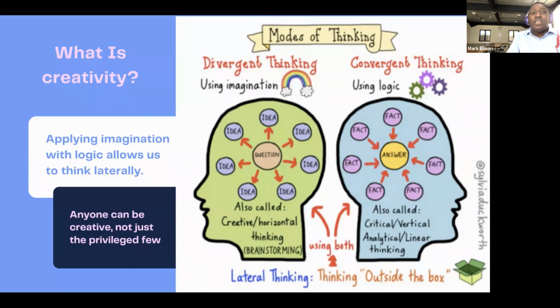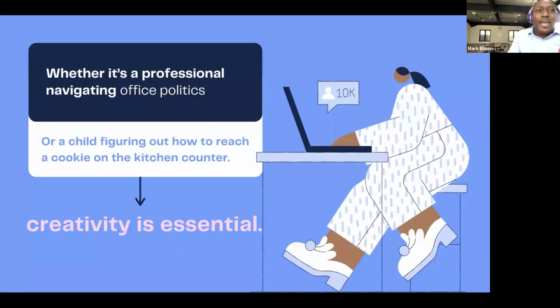All right, a more familiar term would be thinking outside of the box. I'm sure that's something that a lot of you are more familiar with. So, now there are various ways of displaying creativity, whether it be a professional navigating office politics, or a child planning how they will reach the cookies from the kitchen table. One thing for sure is that creativity is an essential part of our everyday lives, all right?